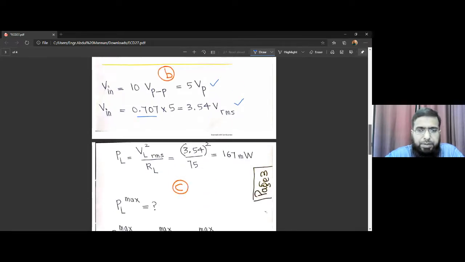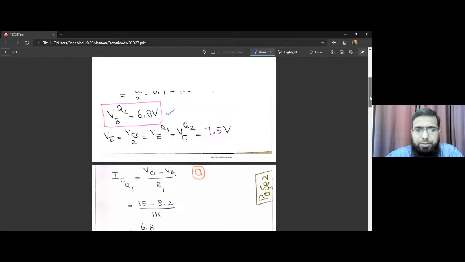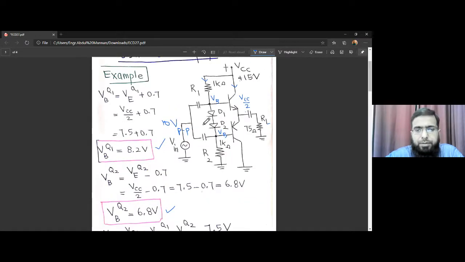What should be the power dissipated? The same voltage appears at the output, divided by RL. There is no voltage drop here because it's already biased at 0.7 volts; the base-emitter junction is already forward biased.